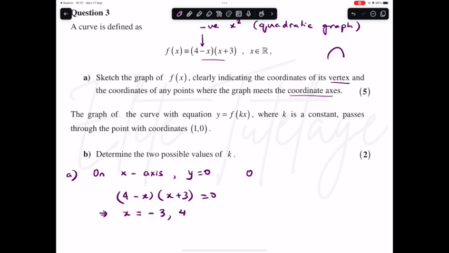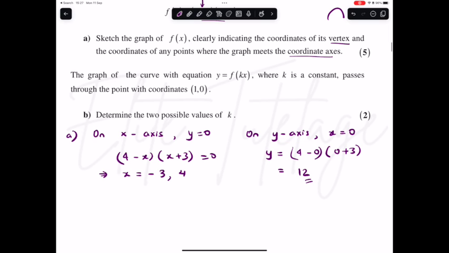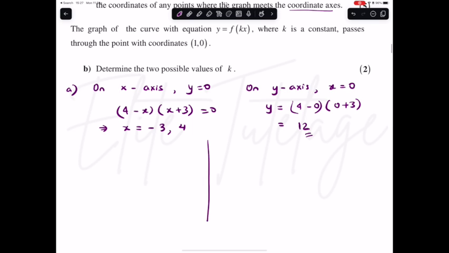Similarly, on the y-axis, I've got x equals 0. So y equals 4 minus 0 times 0 plus 3, and that gives me 12. So those are the 2 points, okay, or rather 3 points, and I'm going to go ahead and plot them following the shape of my curve, which is an upside down U. All right, so let's draw that out first.